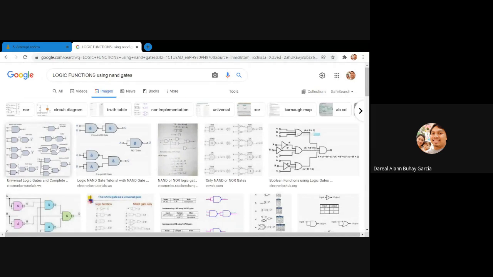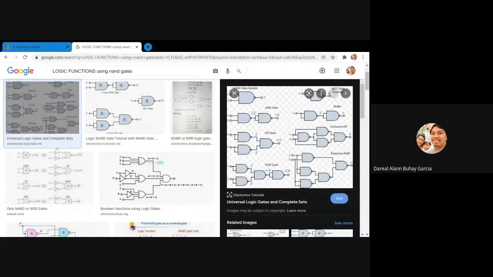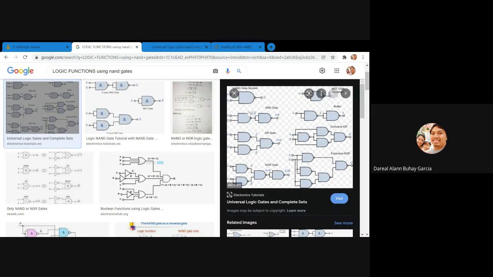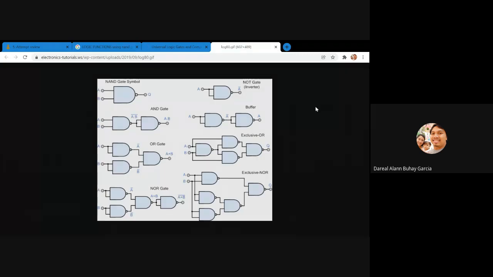Diba? So, all Boolean functions could be implemented using NAND gate. Kung gusto tag inverter, pwede tayo magamit ng NAND gate. Kung gusto tag AND gate or OR gate, pwede tayo magamit ng NAND gate. So, NAND gates are universal, no?